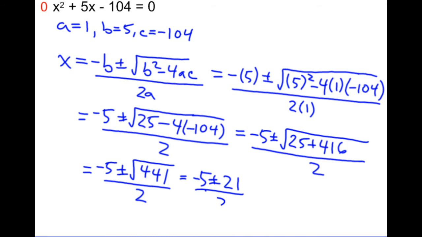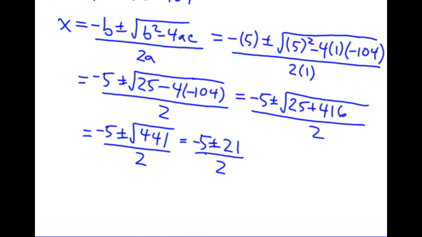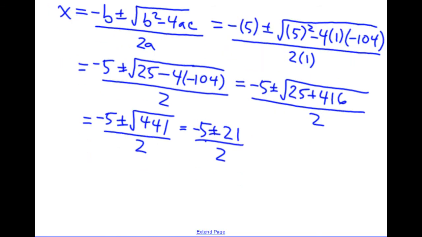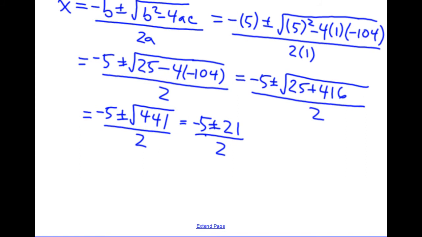That's all over 2. So this gives me 2 solutions. I now have 2 solutions where I use the plus and minus. It's going to be equal to negative 5 plus 21 over 2, or negative 5 minus 21 over 2.